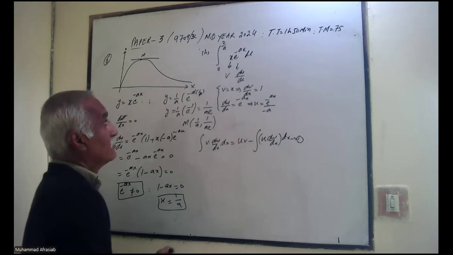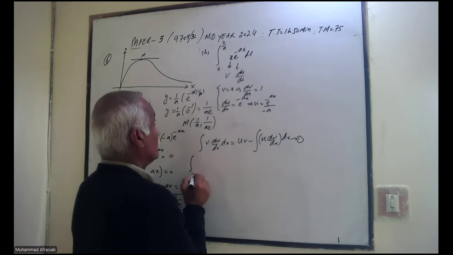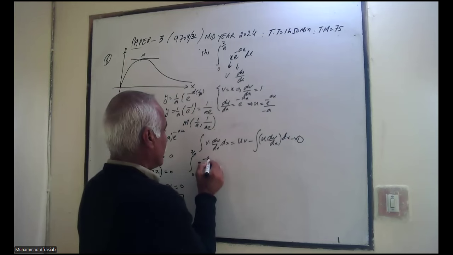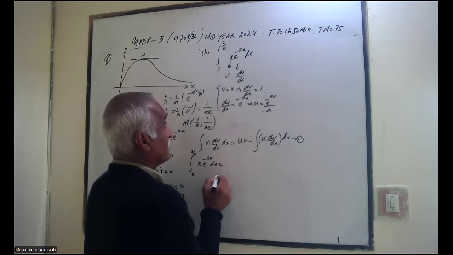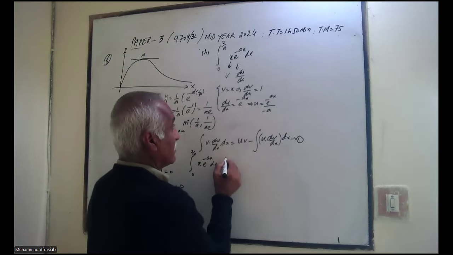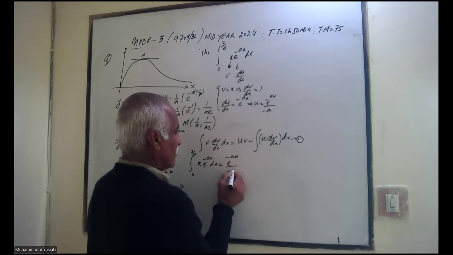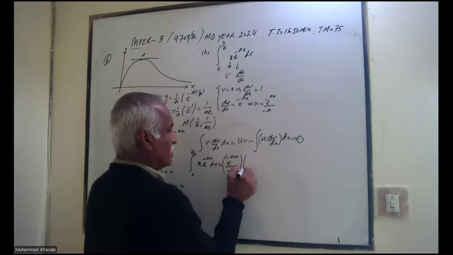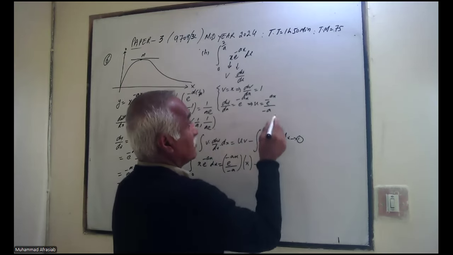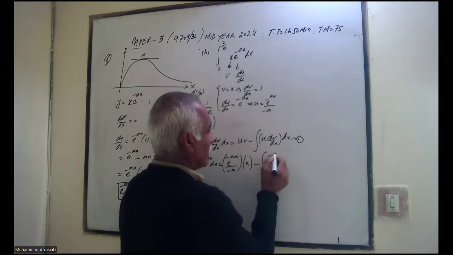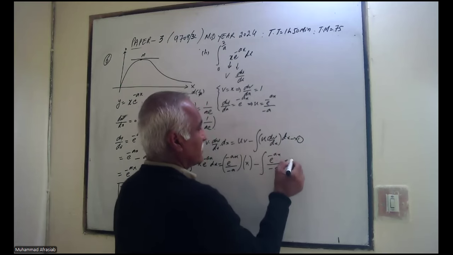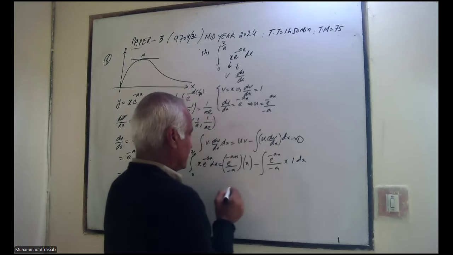So here the integral from 0 to 2 over a of x into e power minus a x dx is equal to x into e power minus a x over minus a, minus the integral of e power minus a x over minus a into 1 into dx.